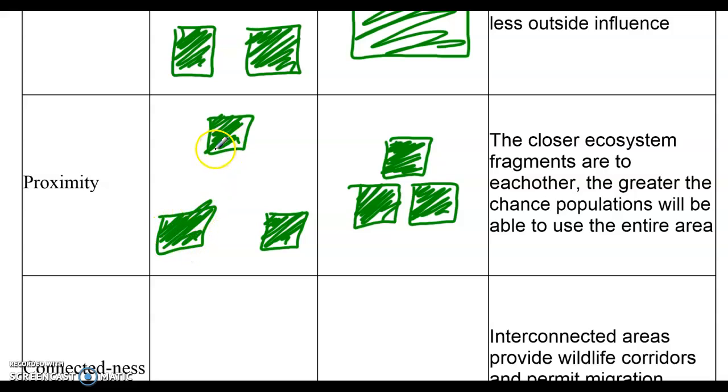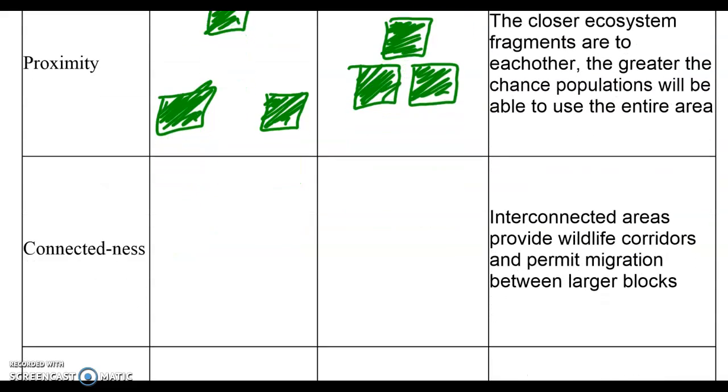The deer is not going to walk for 5 kilometers to go to the next patch of forest, when it's just across the street, right? Of course it probably would, right? So obviously the worst option is to have those patches far apart. So having them closer together gives those populations a better chance.